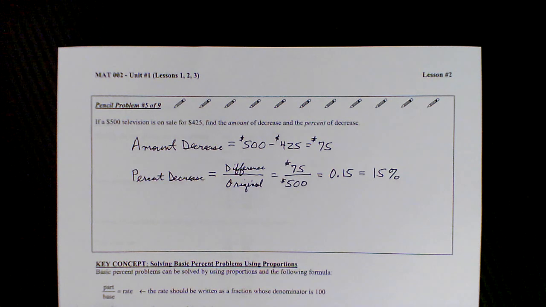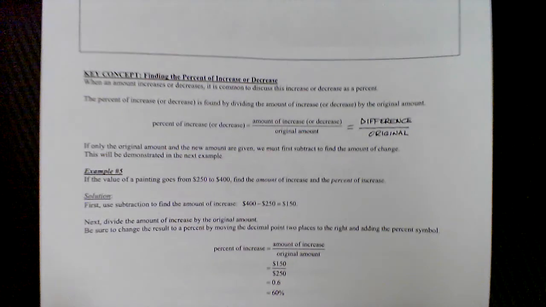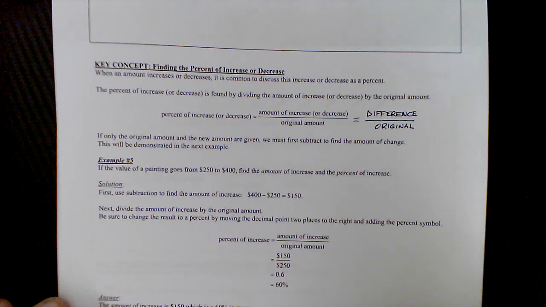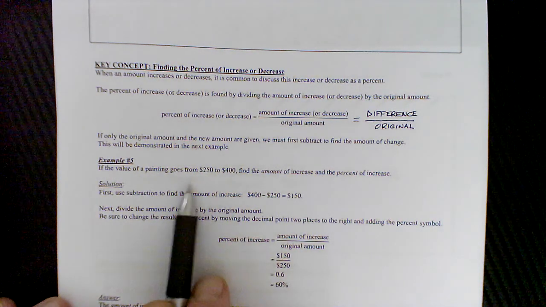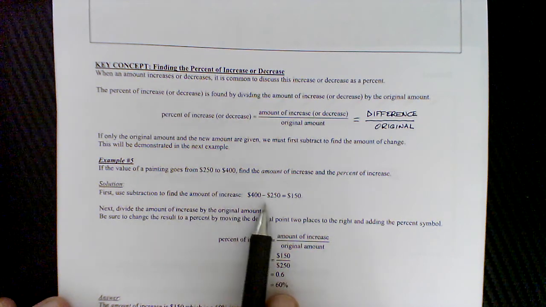Okay. I just want to mention, if we go back to the pencil problem, or excuse me, the example that preceded this. As I said, it's not always the larger that's the original. This was a percent increase, and again, we always take the difference.